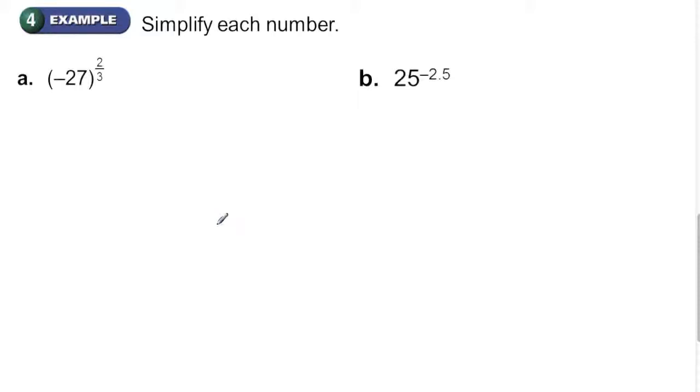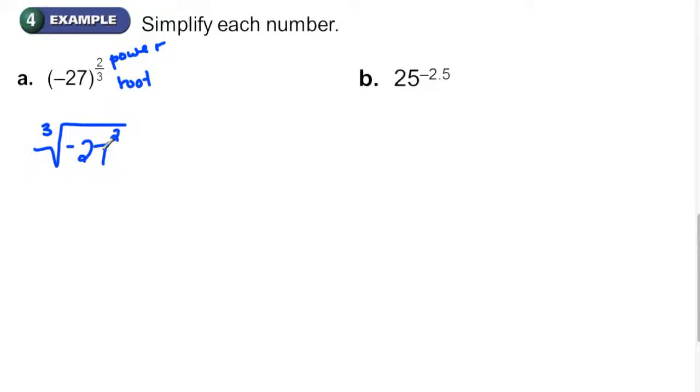I have found that, especially with us being fairly new to this, the method of doing power and then root is the most beneficial and the easiest to understand. So this would be the cubic root of negative 27 raised to the second power.